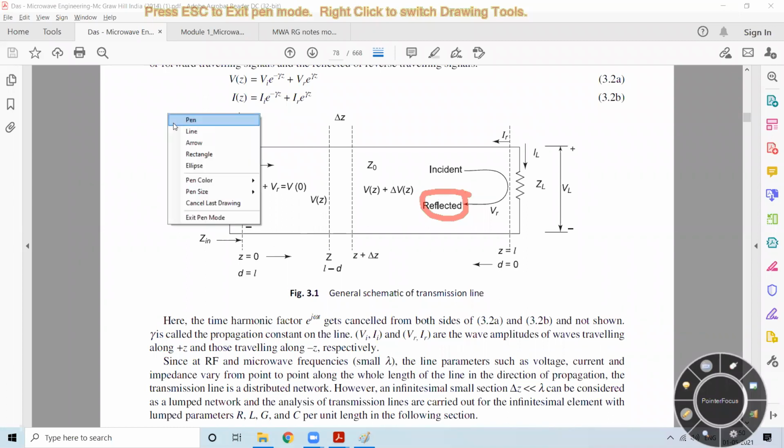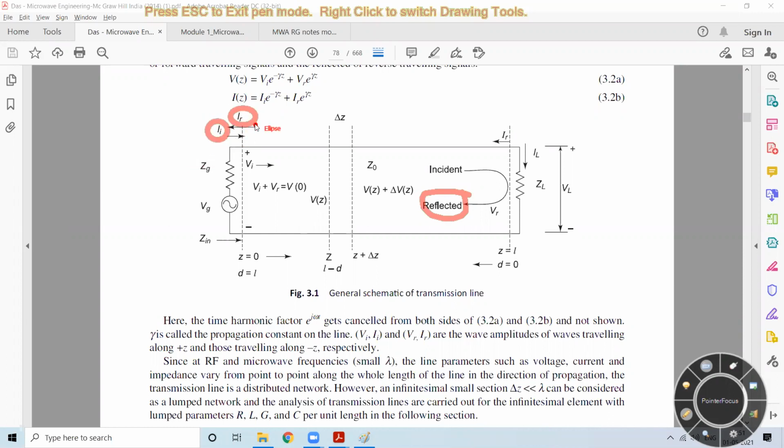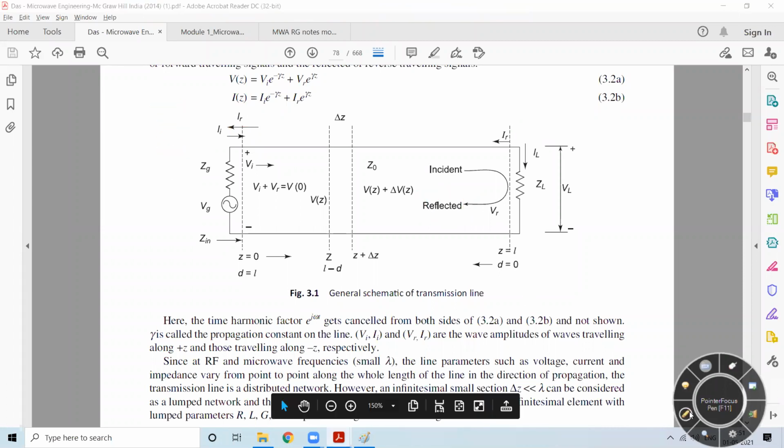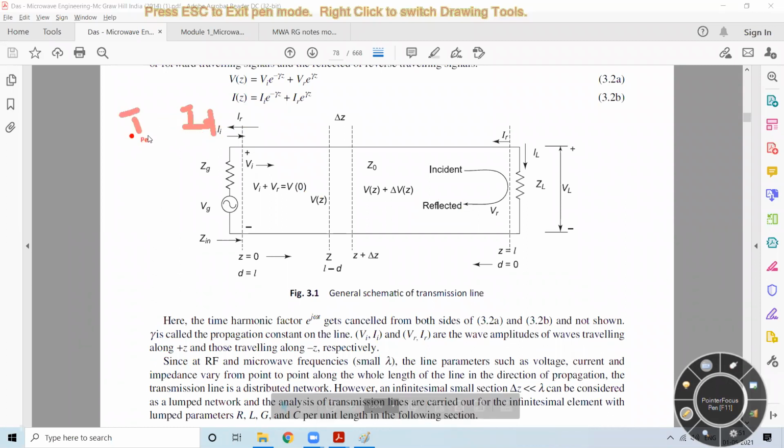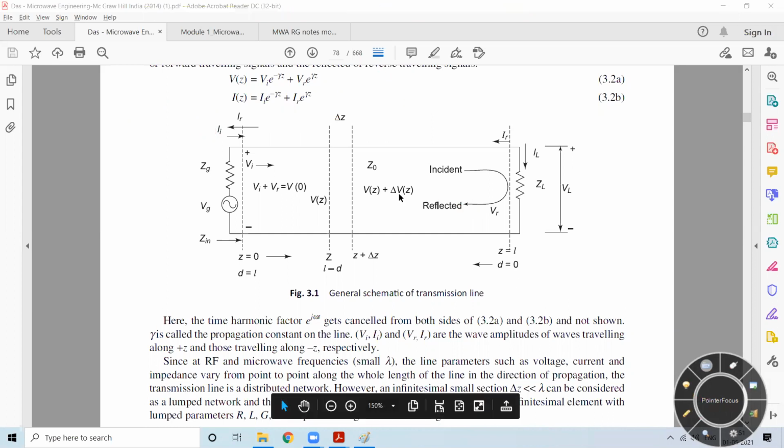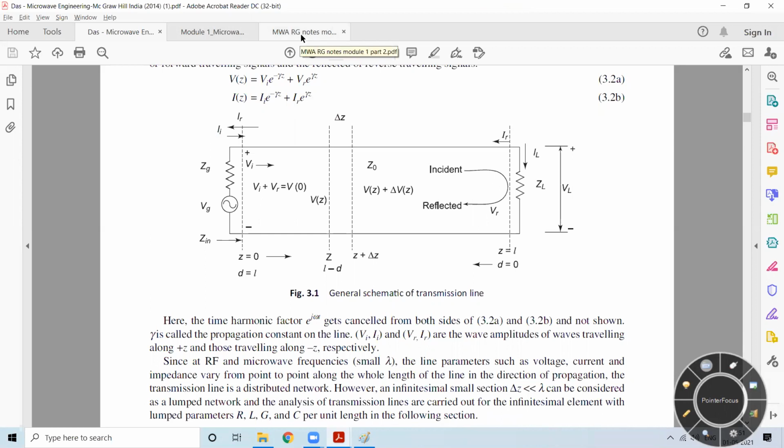So we have these representations, that is II and IR, or sometimes we write it as I plus, and I minus. These are the incident and reflected components. Similarly for voltages also, we have the same representation, that is VI and VR. So these are the incident and reflected components.